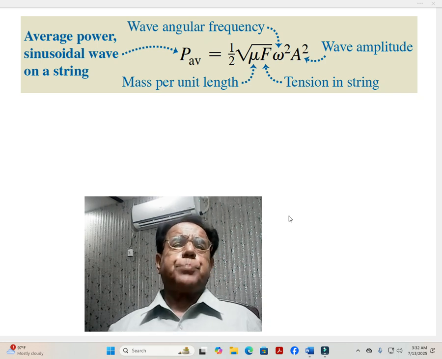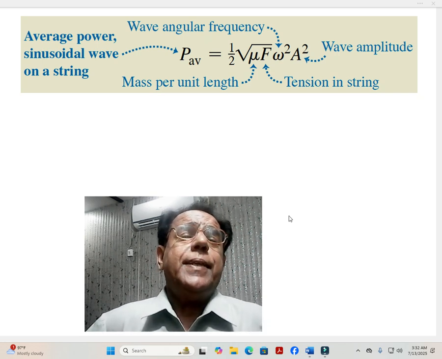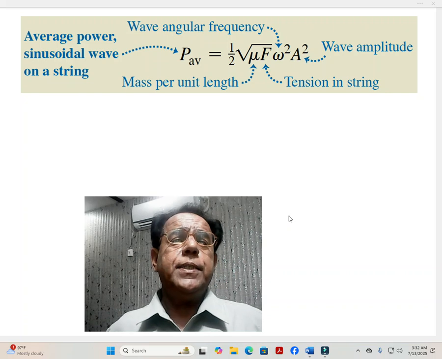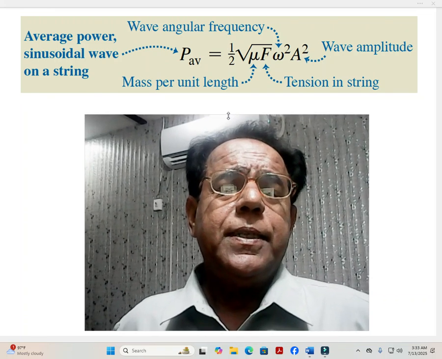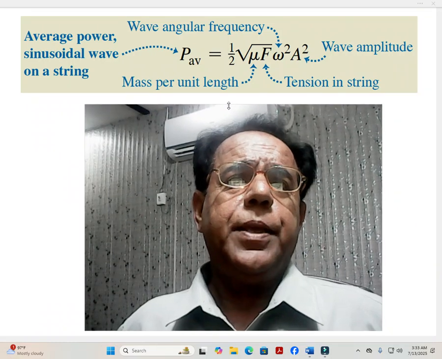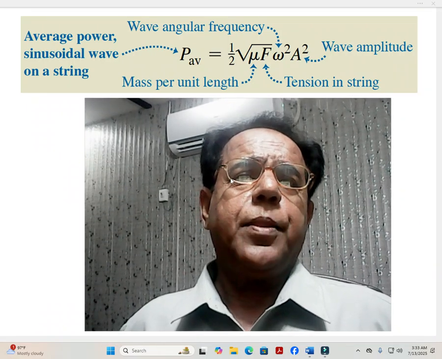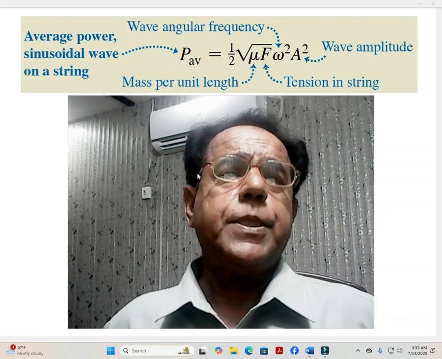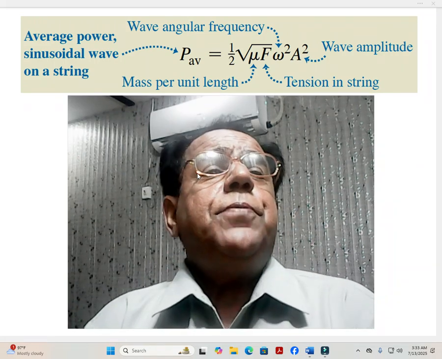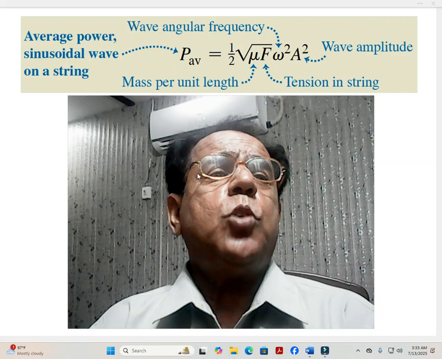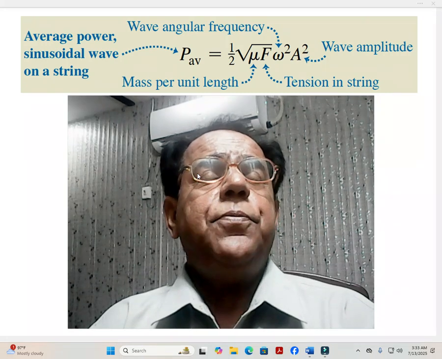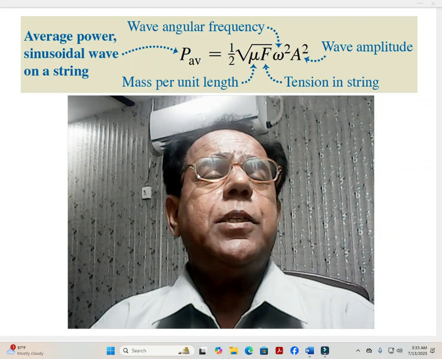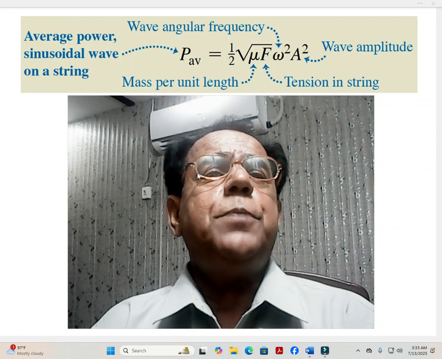Next, proceeding in the problem, an advanced concept. Average power of a sinusoidal wave on a string, P_av, where av is a subscript of P, that is average power.